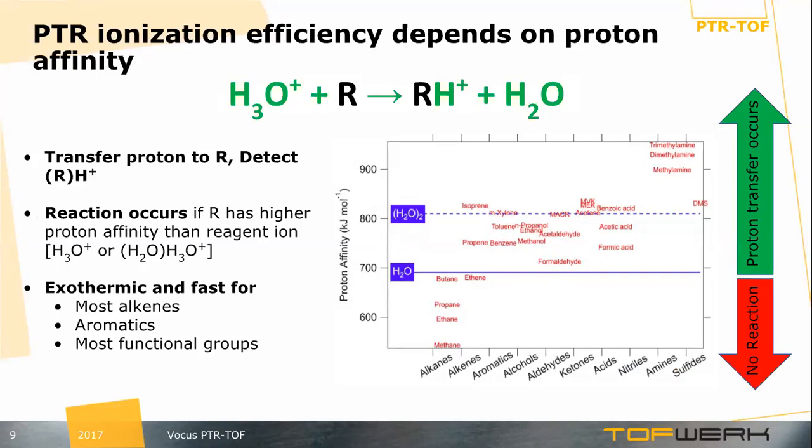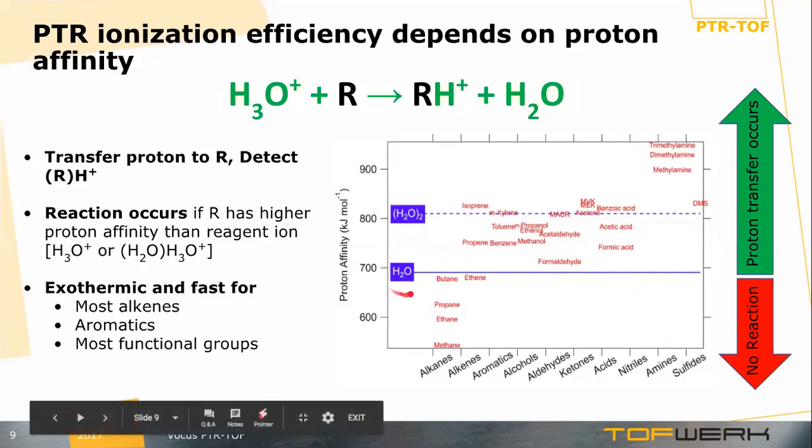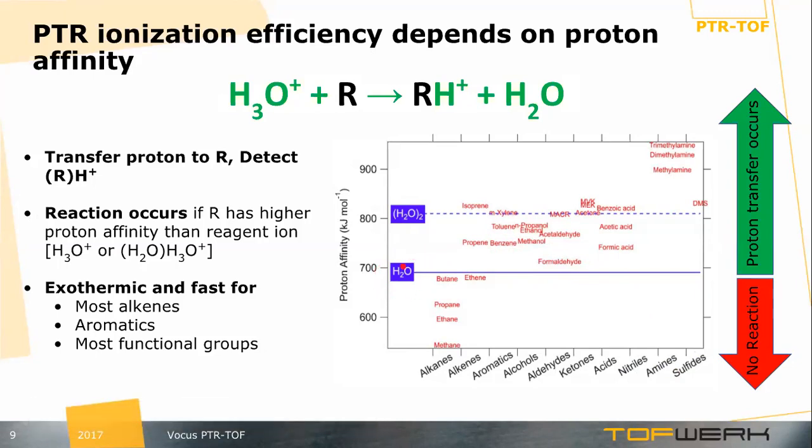Depending on how you configure your instrument, you can operate with only H3O+ ions, and then ionize a large suite of molecules. But there are some important compounds that we do not ionize. Propane, for example, has a proton affinity less than that of water. So even if you just have H3O+ in your reactor, you'll be unable to ionize that type of molecule.